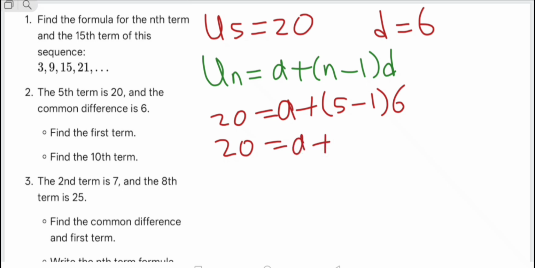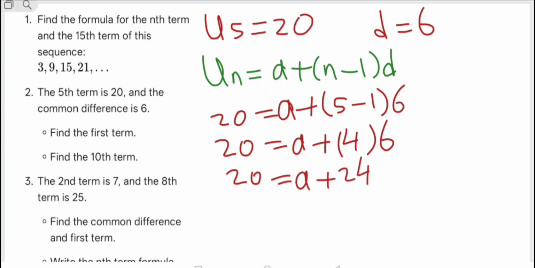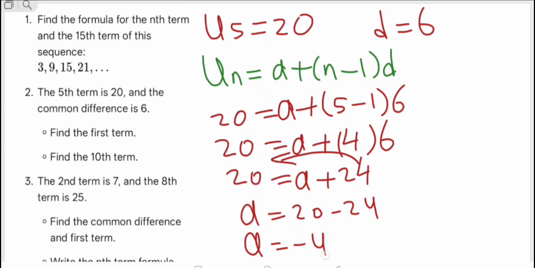A plus 5 minus 1 equals 4. Multiply 6. 20 equals a plus 6 times 4, 24. So 24 is plus. When it goes to the other side, it will be minus. So a equals 20 minus 24. So a equals minus 4. So this is the first term, which is minus 4.